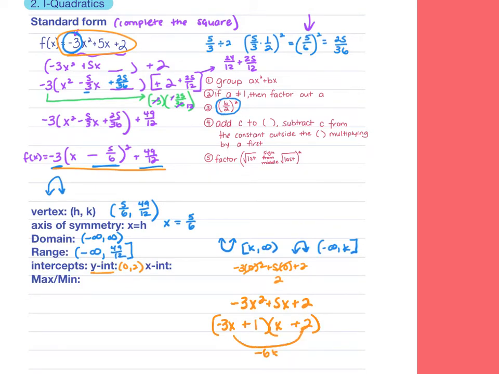This is -6x plus 1x, so my signs are not right. This can also both be negative, and now I get a +6 minus a 1x, and that's the combination I'm looking for. So I set these each equal to 0, and I get -3x equals 1, x equals -1/3, and here x equals 2.